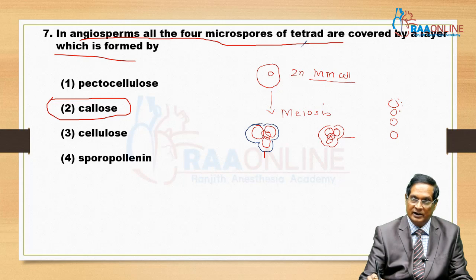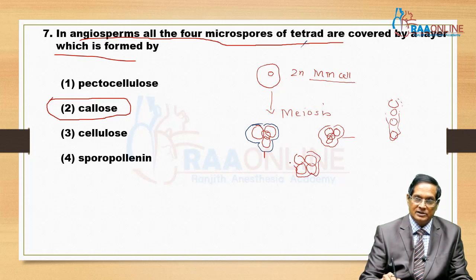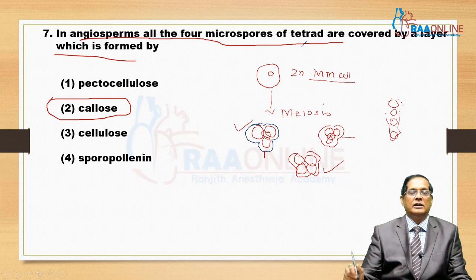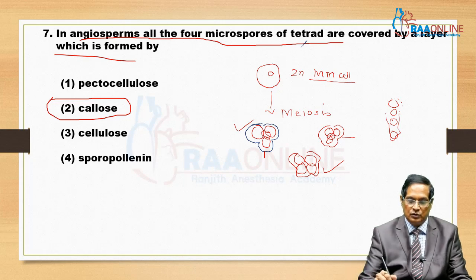They may also be arranged as an isobilateral tetrad, with the callose covering. Tetrahedral tetrad is common in dicots, and isobilateral tetrad is common in monocots.